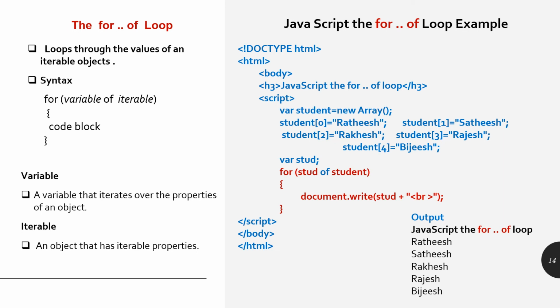Syntax is for variable of iterable. Here, variable means the variable that iterates over the properties of an object.